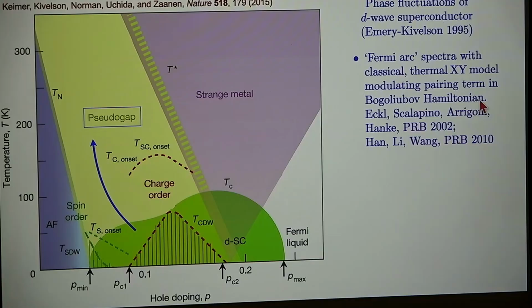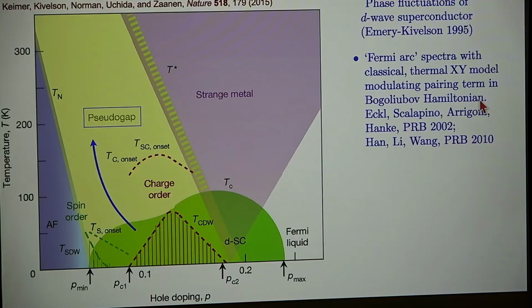So you just write down an XY model. You do a Monte Carlo simulation of it at finite temperature, and you get some random phases at every point. You put those random phases in a Bogoliubov-de Gennes Hamiltonian. You find the eigenstates of all the fermions in that Hamiltonian numerically, and then you average over different random phase configurations. So that's a kind of calculation I'm going to do, but in a very different model.